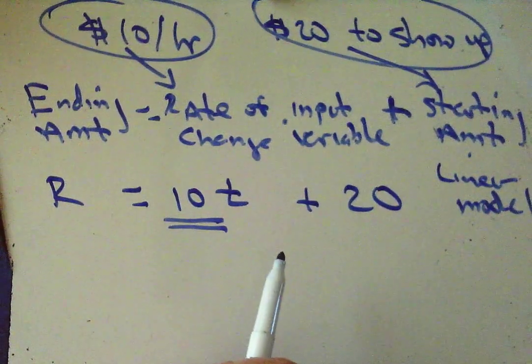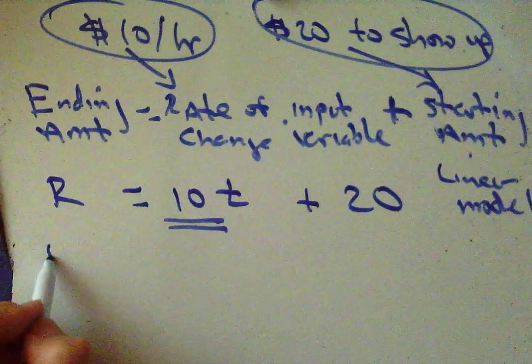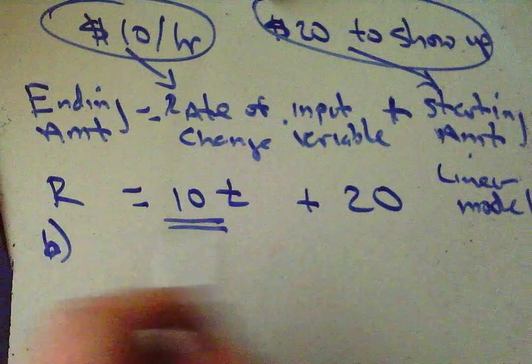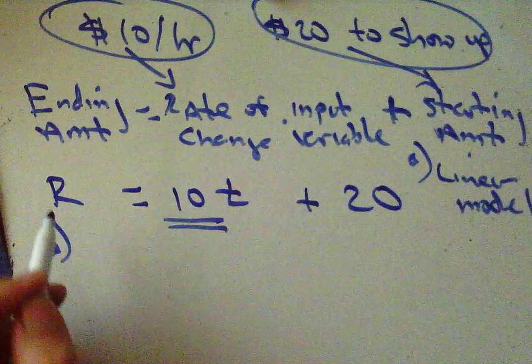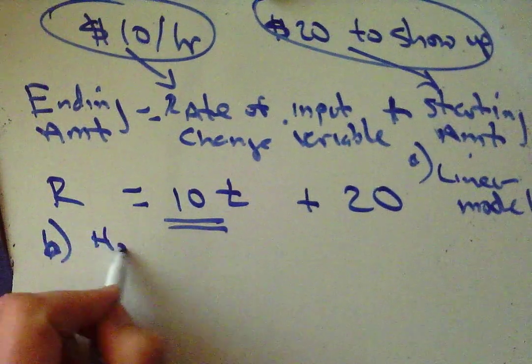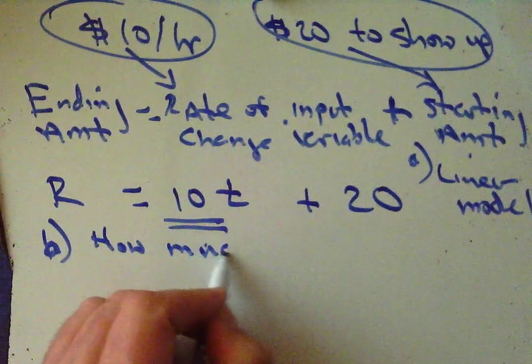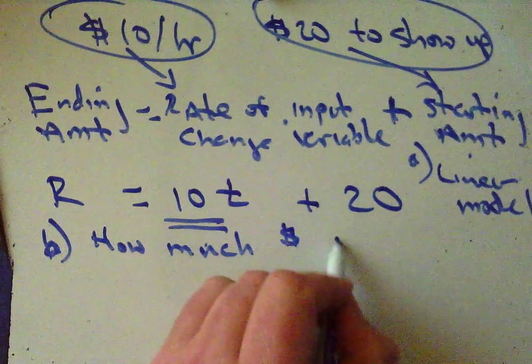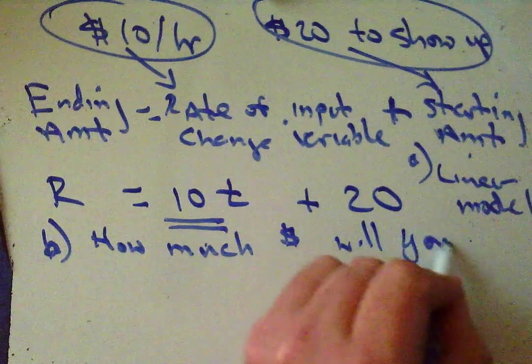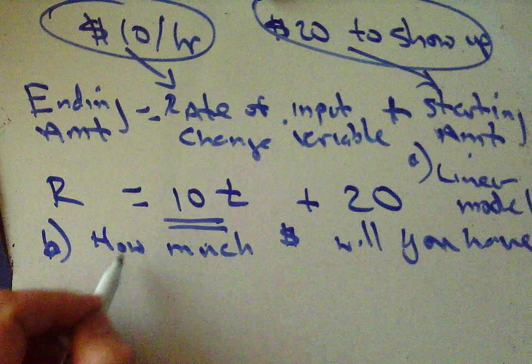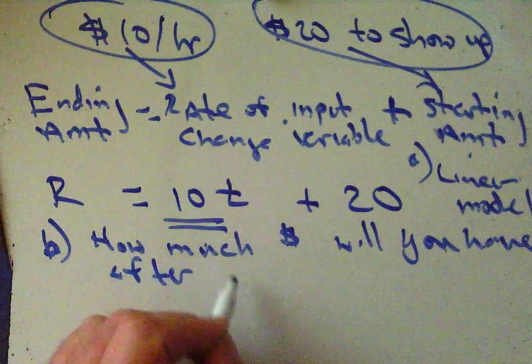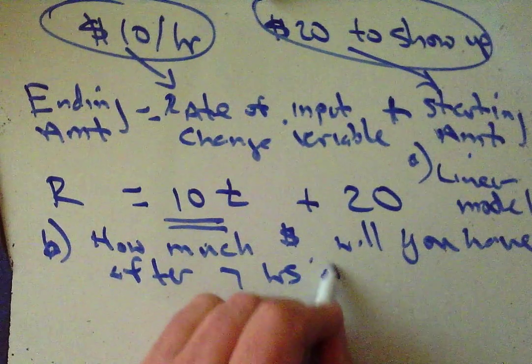Now we're going to answer some questions. So, part B, because part A was write the linear model. Part B, how much money will you have after 7 hours of work?